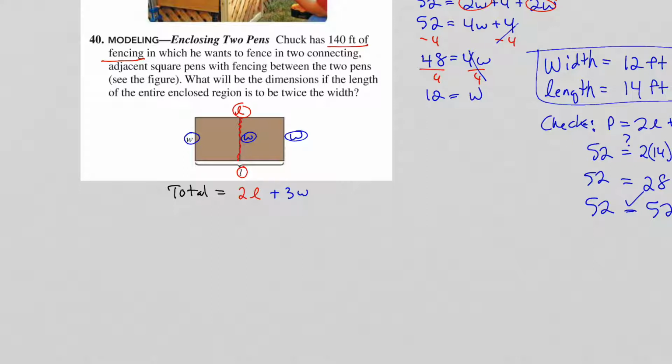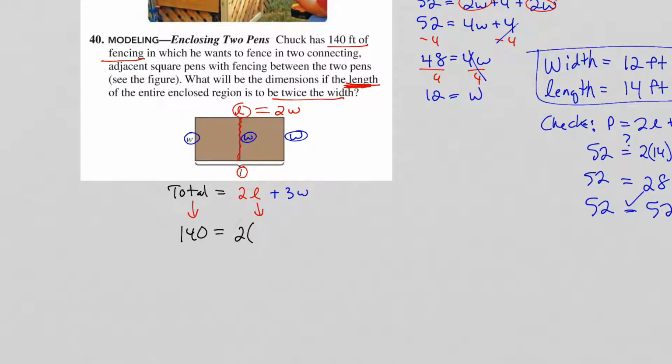All right. Now, what's the other clue here? What will the dimension? The length, okay, so L is going to equal what? Twice the width. 2 times W. So all we're going to do is replace now the total and the L. So the total was 140.